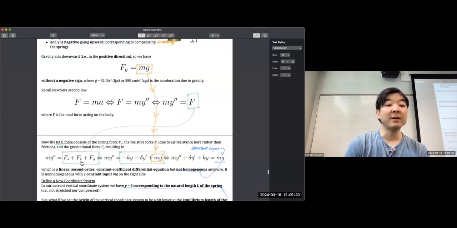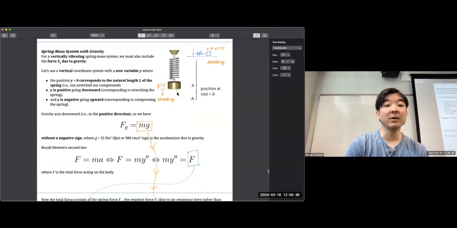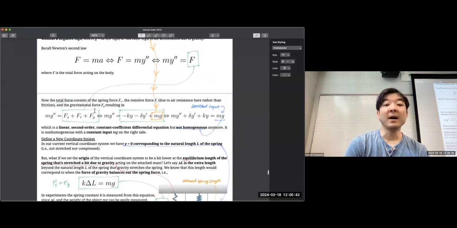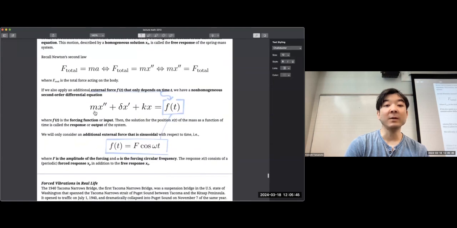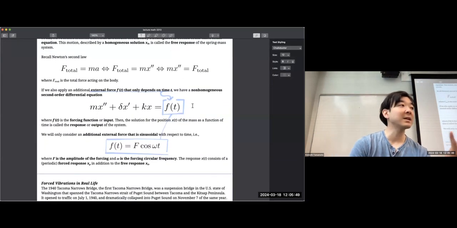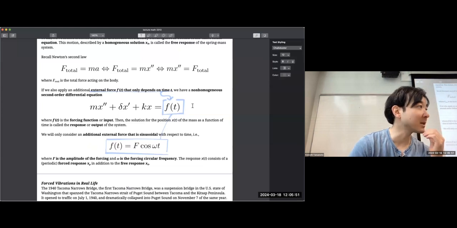Then we added resistive forces like friction or air resistance. And if you tilt it vertically, there would be a constant gravitational force acting on it. All of those become your big F. And then on top of that, we decided that we might even add an external force. Gravity is an external force, but it's just a constant external force.